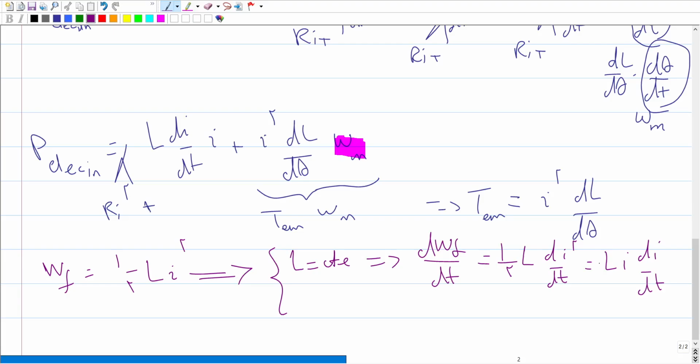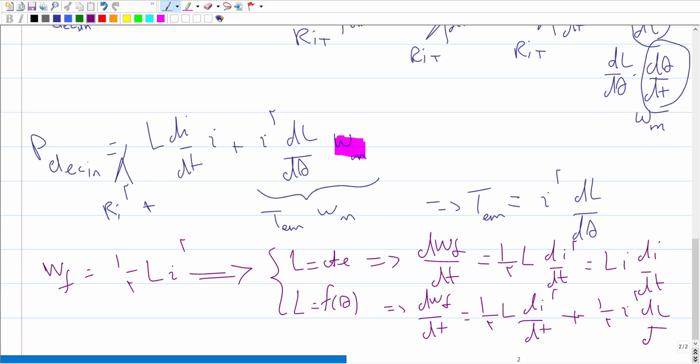But the interesting point is that if L is not constant, then dW_f/dt will be 1/2 L di/dt plus 1/2 i² dL/dt.